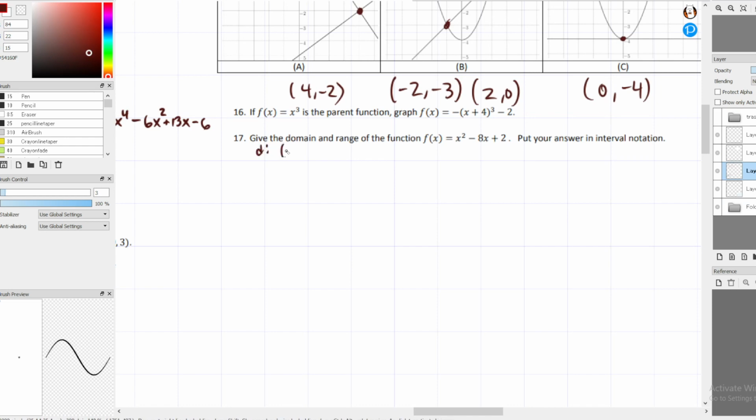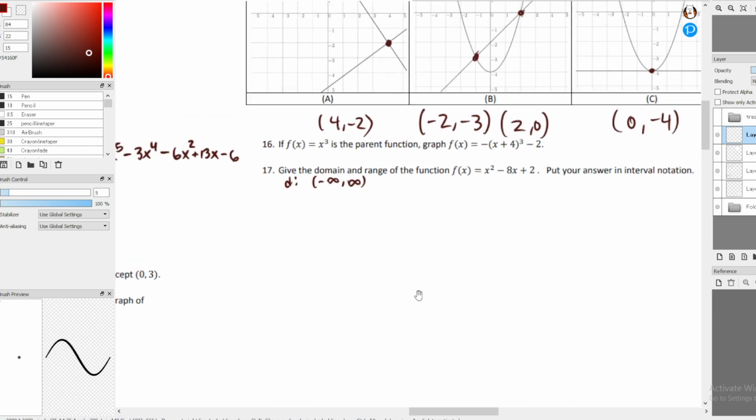In interval notation, that's the same as saying negative infinity to positive infinity. However, with range, it depends on whether we are opening up or down. So we need to graph this, or we need to find the vertex somehow.